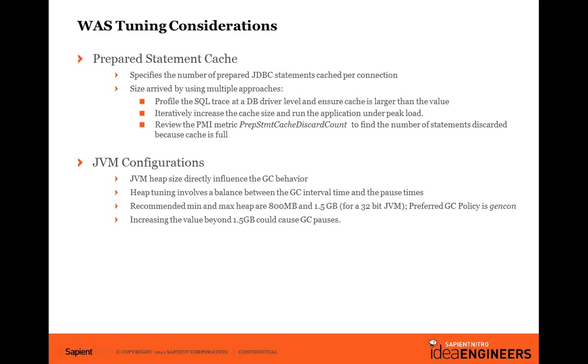A GC pause is extremely nasty because when it happens, your CPU just falls to 0 and you really can't do anything. So make sure that your heap size is a balance between how frequently garbage collection runs and, at the same time, ensuring that there is no GC pause.